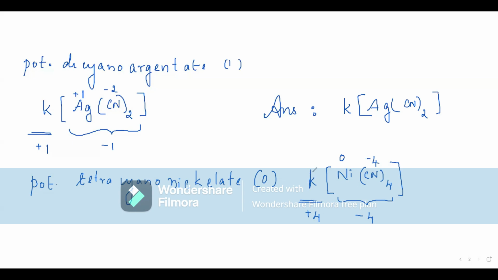But 1 potassium can give you only plus 1, and you need plus 4. So what is the option? Right, K4: 4 potassium ions together make the charge plus 4. The charge due to the complex ion is minus 4. Therefore, the net charge on the complex compound is 0.